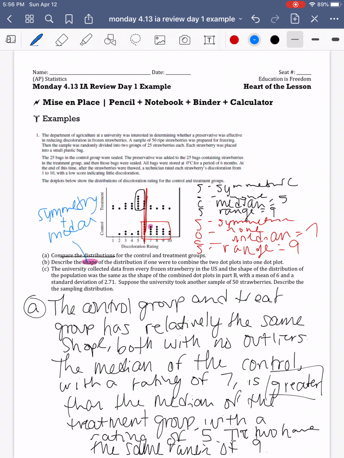So therefore, we're still going to be unimodal, just as both of these graphs are. Now that won't always be the case. So don't think that just because both of these graphs are symmetric and unimodal, when you put them together, the product is still going to be symmetric and unimodal. That doesn't always happen. So you really have to use your visualization skills to think about what's going to happen.